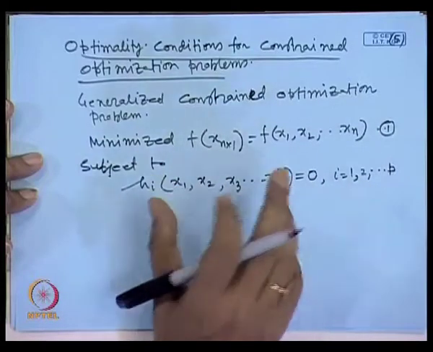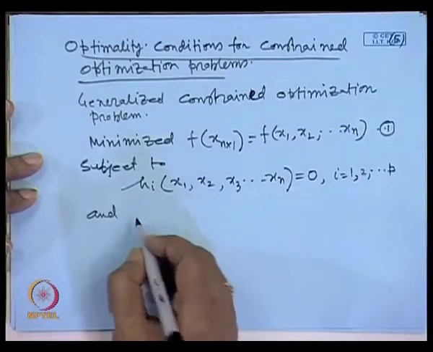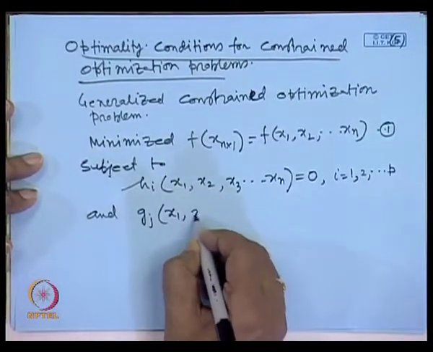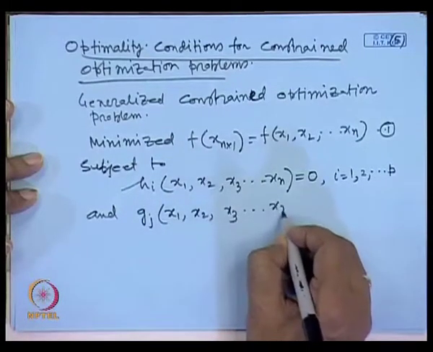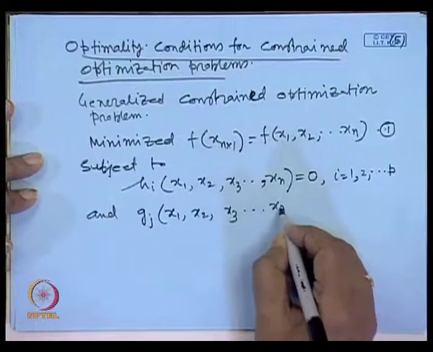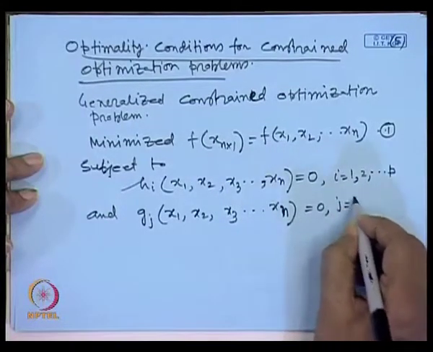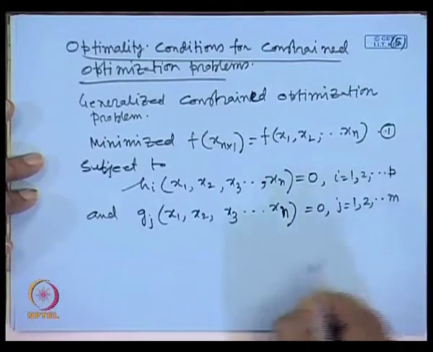So we have p equality constraints and also inequality constraints g j, which is a function of x 1, x 2, x 3 up to x n, less than or equal to 0, with j from 1 to 2 up to m, small m.